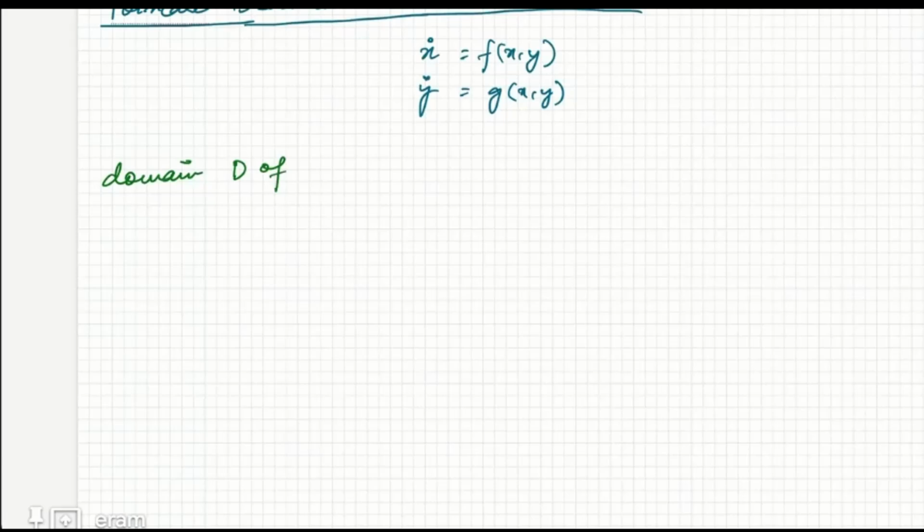So again, we will consider a second order system, and let's focus on the domain D of the xy plane.